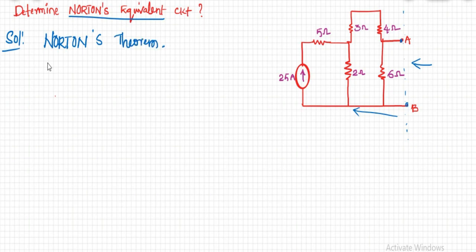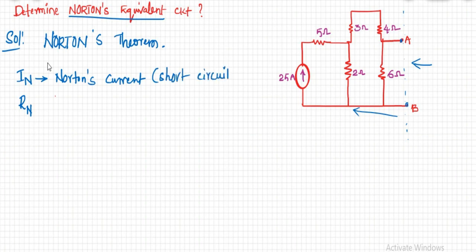So we need to find our Norton's current and Norton's resistance. IN is Norton's current here, which is a short circuit current. In Thevenin's theorem it was open circuit voltage. In Norton's theorem it is short circuit current.